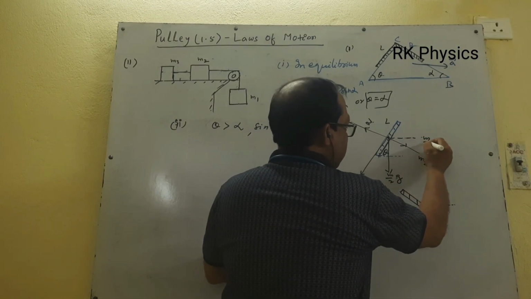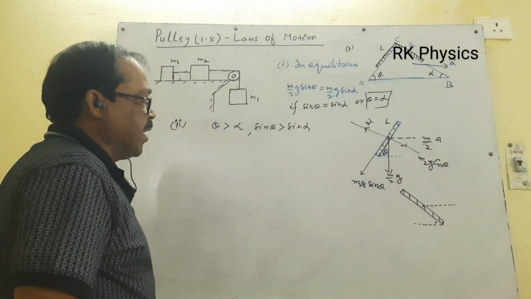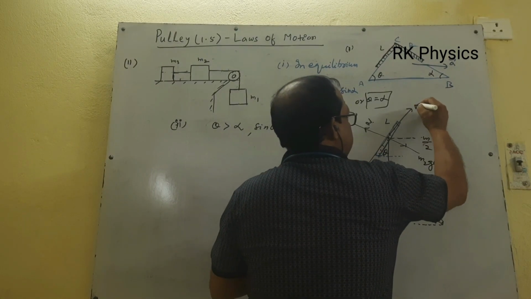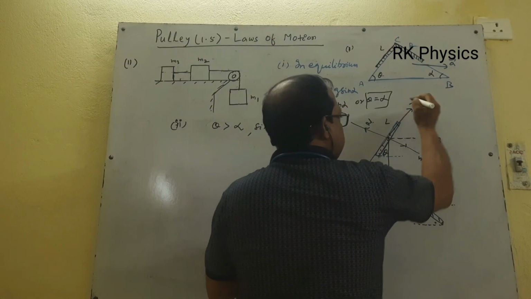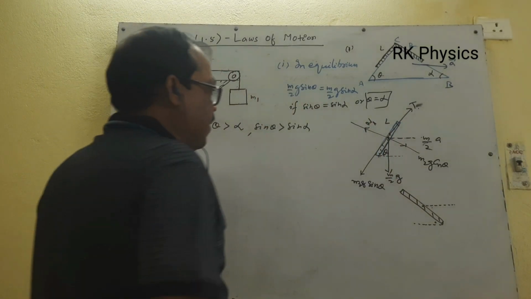This is the direction of acceleration a. Therefore the force acting is m by 2 a. Tension acting along this direction is T, and this normal reaction you write N1.